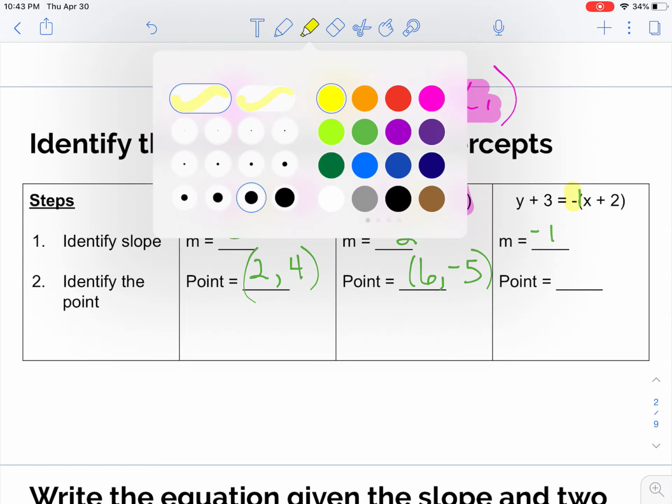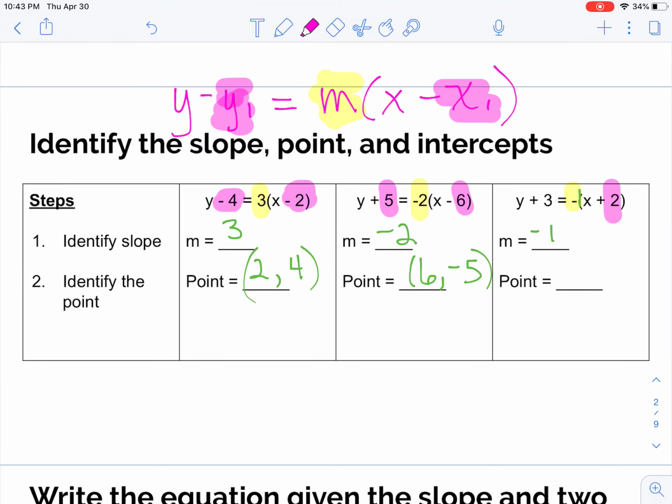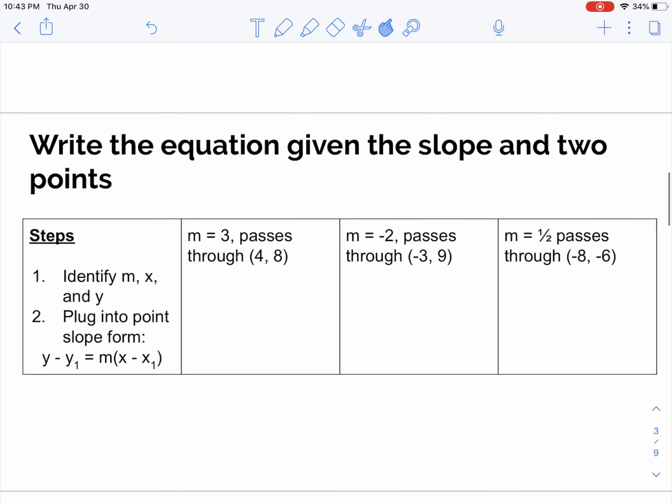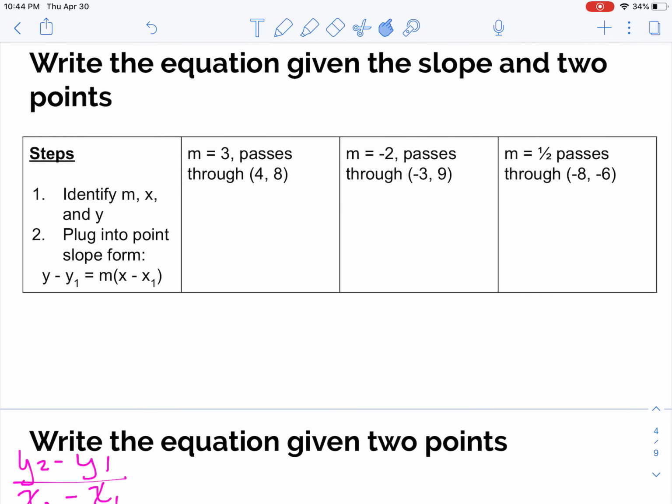And then, my x value is going to be negative 2, because remember it's always opposite of how it appears, and my y value is going to be negative 3. And I'm done.